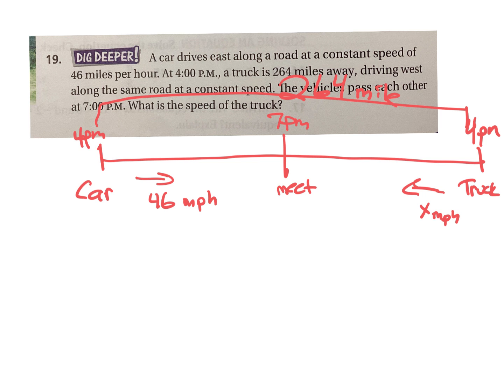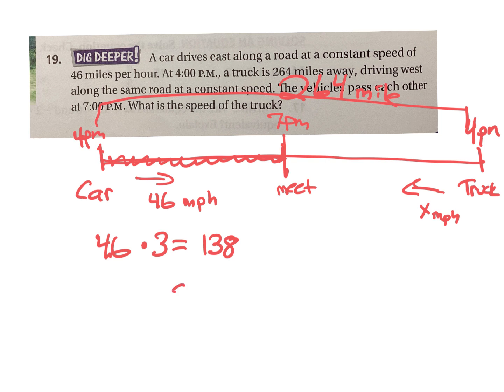So the way I'm going to solve this is I'm going to figure out how many miles the truck has to go. If this car is traveling 46 miles an hour and it's going from 4 p.m. to 7 p.m., that's 3 hours. So 46 miles per hour times 3 hours, 46 times 3, gets you 138 miles. So the car is going to travel that far to get to the meeting point.